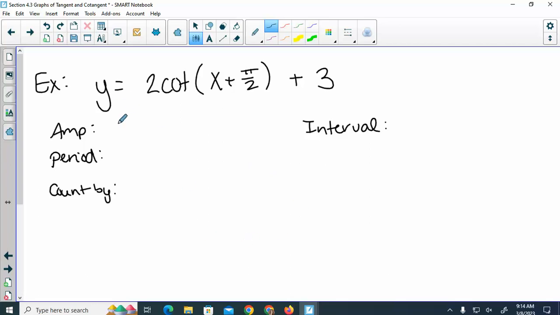Your amplitude. 2. Period. pi. No, it's just pi divided by the coefficient of x, which is 1, so you get pi. Count by pi over 4. Interval. Because it's cotangent, we set it up between what 2 things? 0 and pi.